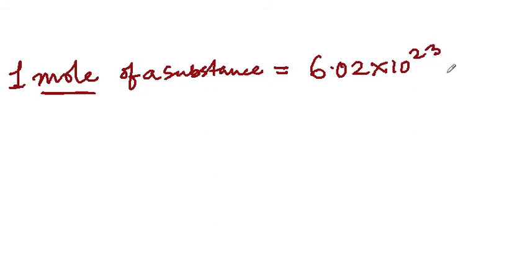Since we are dealing with chemistry, we better use the terms of chemistry. So 1 mole of a substance is 6.02 into 10 to the power 23 atoms or molecules of the substance.